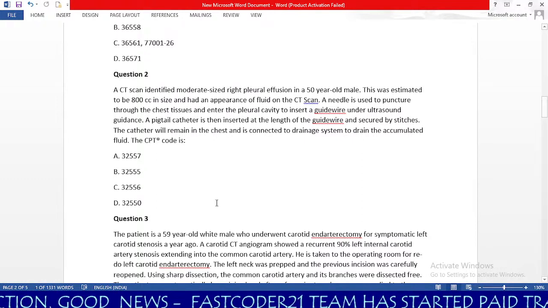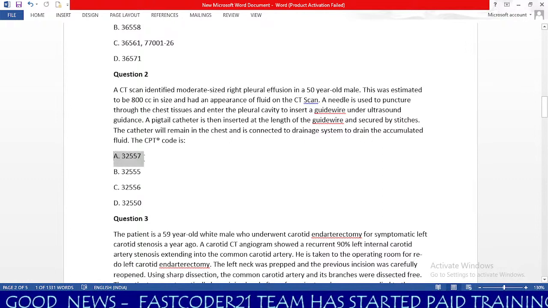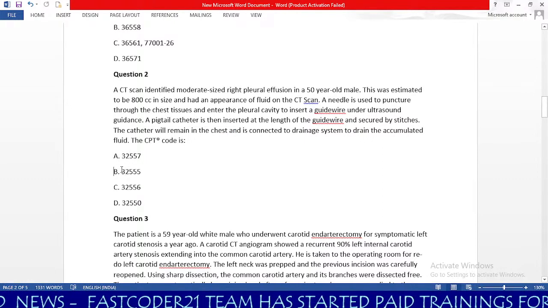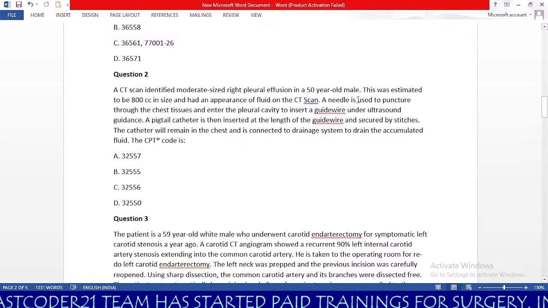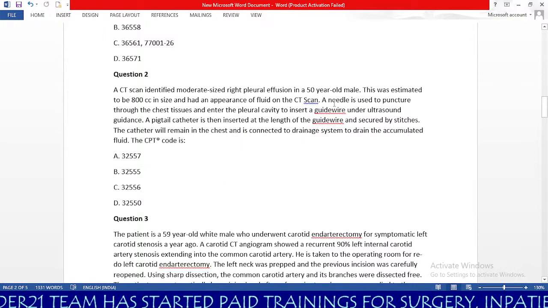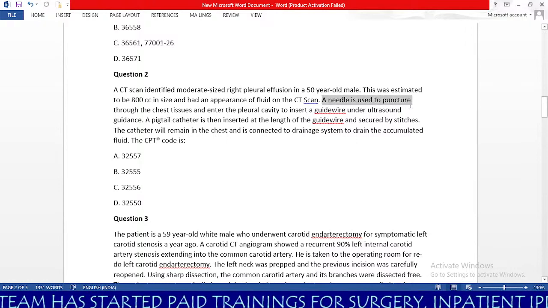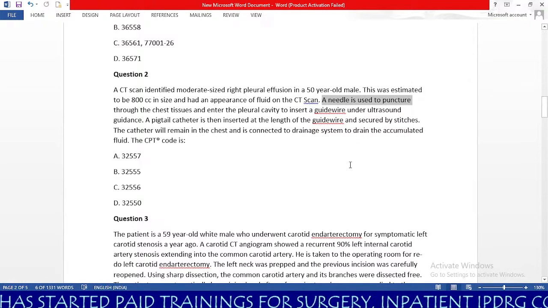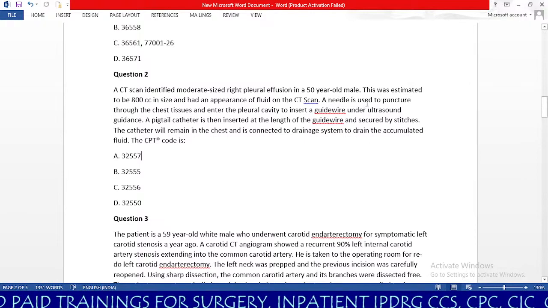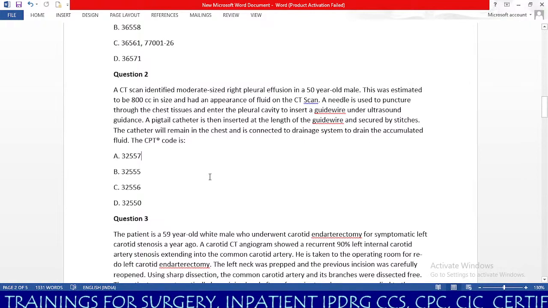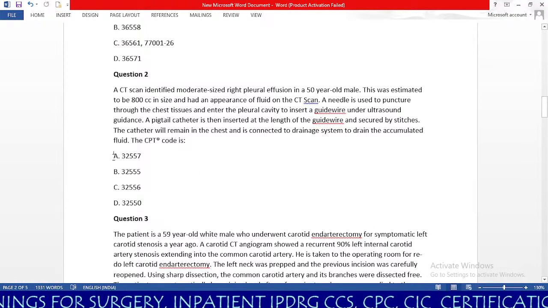So here our answer is A, 32557, not B, as B is an open procedure, A is a percutaneous procedure. As per our documentation, the physician has used the needle to puncture. Usually during percutaneous procedures, the physician will use a needle to puncture the tissues. So our answer is A here.